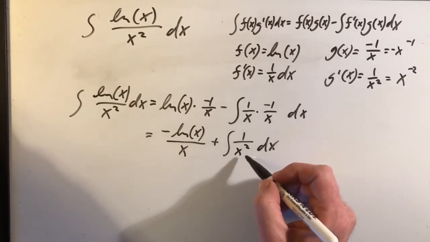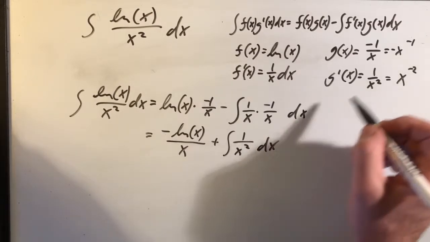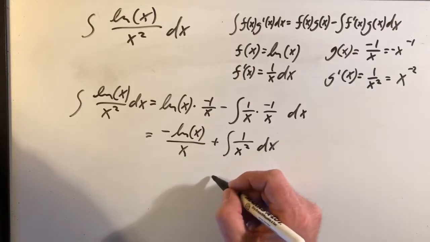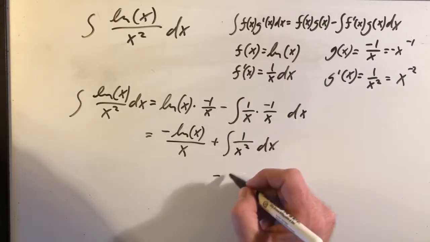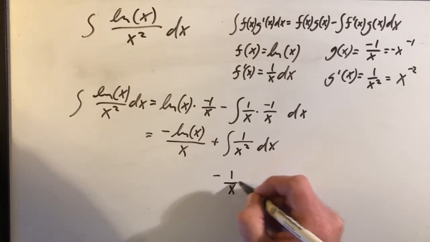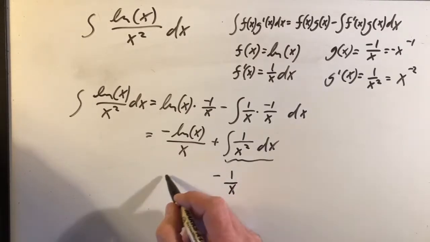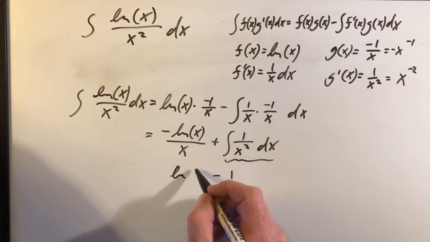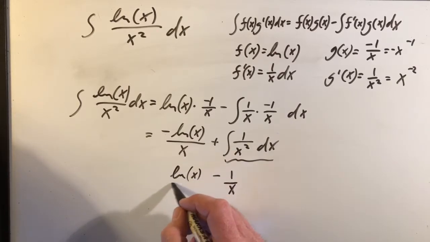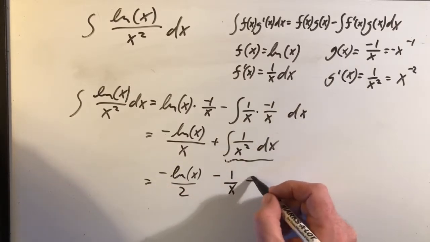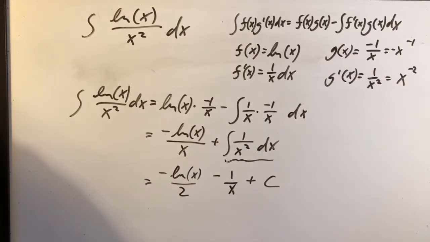If you look, that's the same function I have here, which makes things nice, because I already know what the integral is, and that is negative 1 over x. My first part is still there with the negative, and then plus a constant at the end. So that is pretty straightforward.